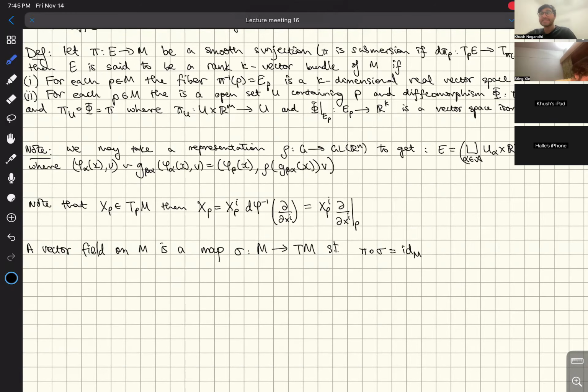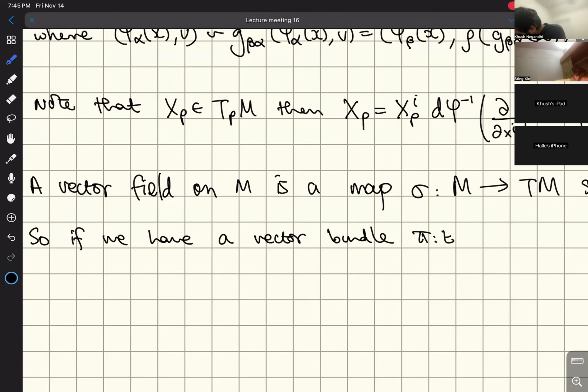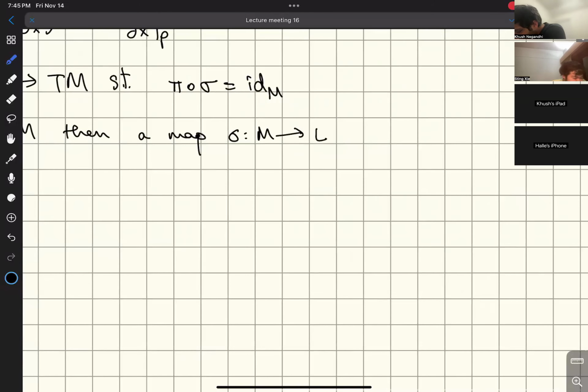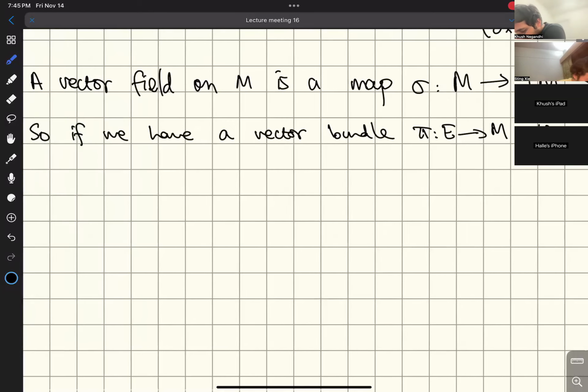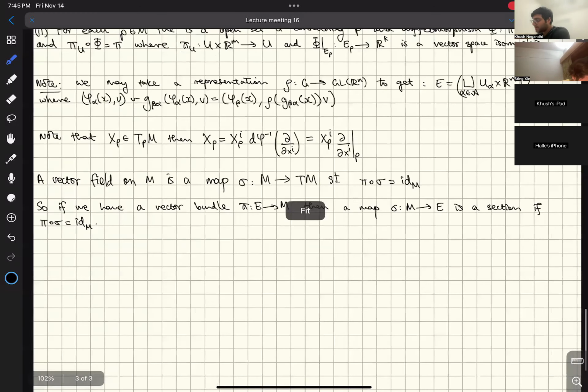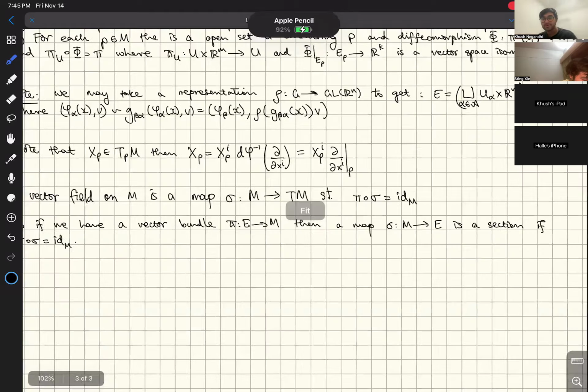This map is also called a section. So if we have a vector bundle pi: E to M, then a map sigma from M into E is a section if pi composed with sigma is the same thing as the identity on M. Moreover, a smooth vector field is just a vector field that is smooth.